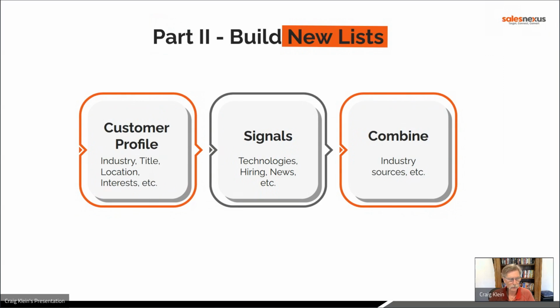So if I'm selling into the mortgage industry, and I call on mortgage brokers, there are a lot of standard information sources that most mortgage companies already subscribe to, but they may not have all the social links, or they may not have the person's mobile phone number, those types of things. So you can take that industry source and then merge it with or append it, like we talked about just now, with this type of source.